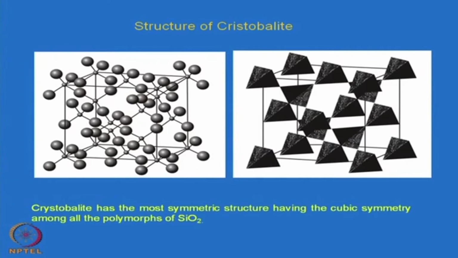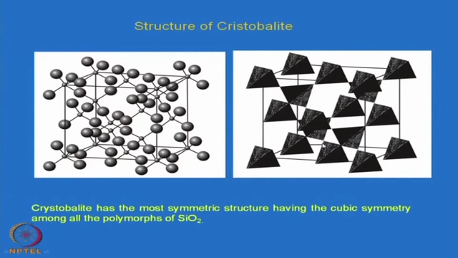So, crystalline is the highest temperature phase in the system, and it has the most symmetric structure, having cubic symmetry. Quartz does not have a cubic symmetry, it is a very complex structure, whereas crystalline has a cubic symmetry.